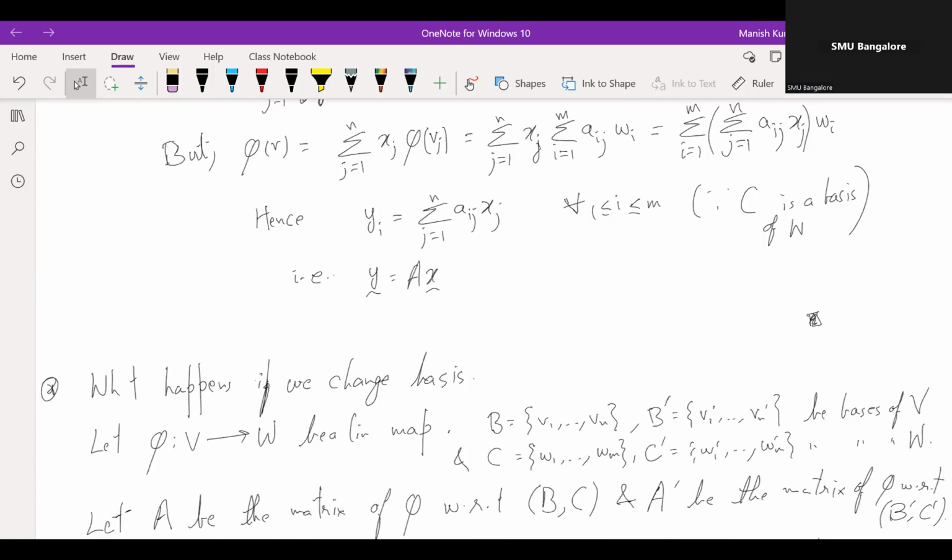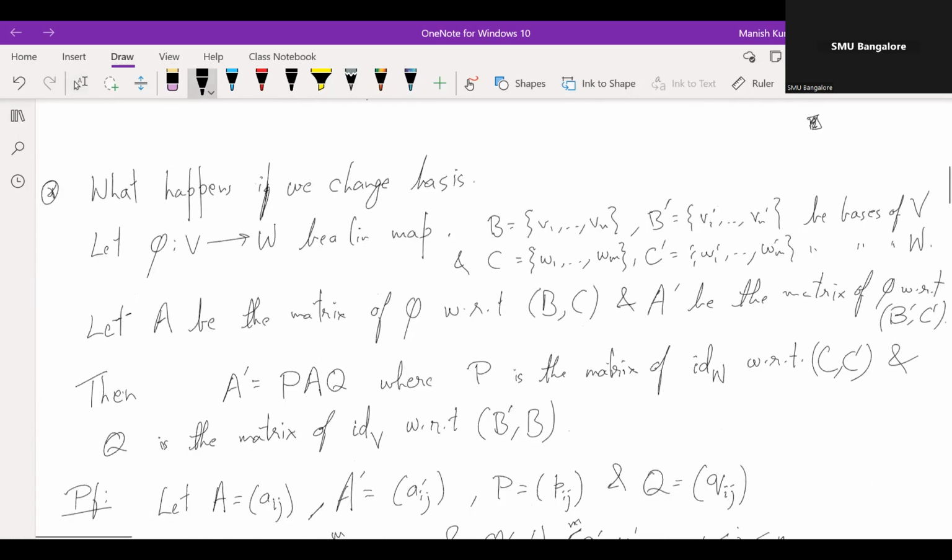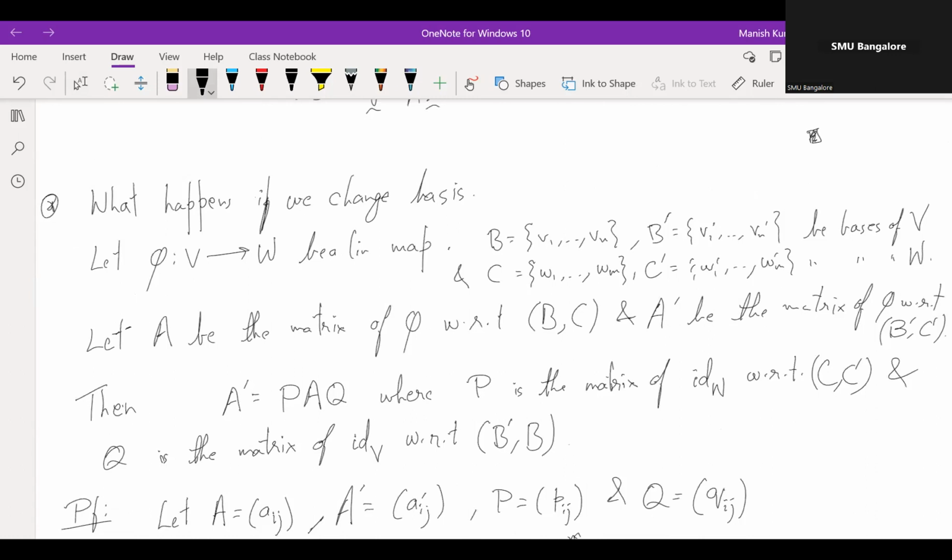So what happens if we change the basis? Let phi be the same linear map, and suppose now we have two sets of bases. B is one basis, and B prime is another basis where the vectors are denoted by vi prime. And similarly for W, we have two bases, C and C prime.